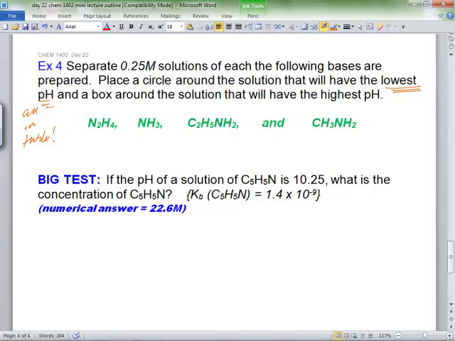Lowest pH means the most acidic or basic? The most acidic. Remember how that works? pH 7 is neutral. Really low pH means it's acidic. Coca-Cola destroys teeth, right? It dissolves your teeth. So lowest pH means most acidic.